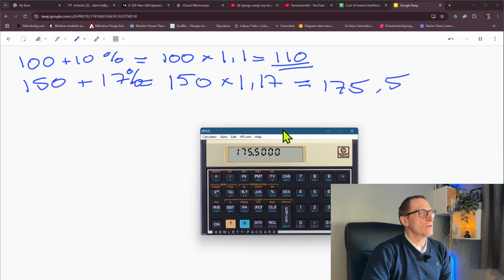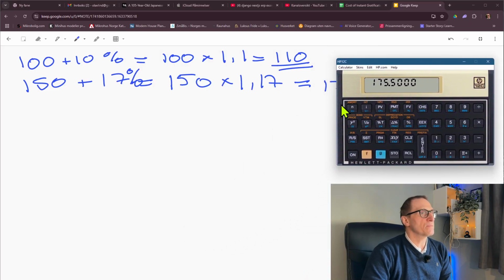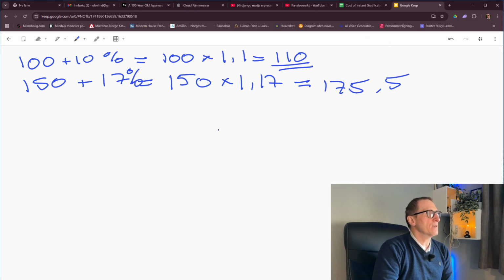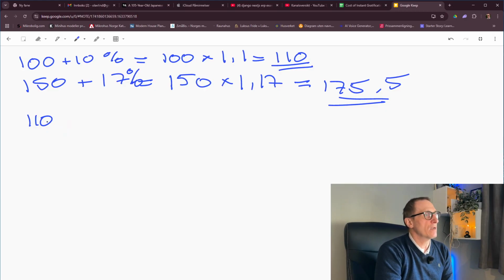If you want to go the other way, if I already have the 110 number, and I know that 10% is already included in that number, and I want to find the number that you add 10% to get to this number, I do the exact opposite here.